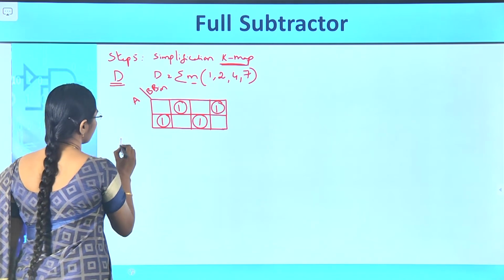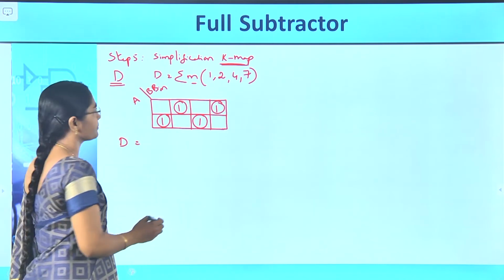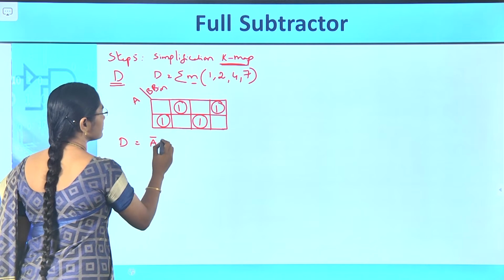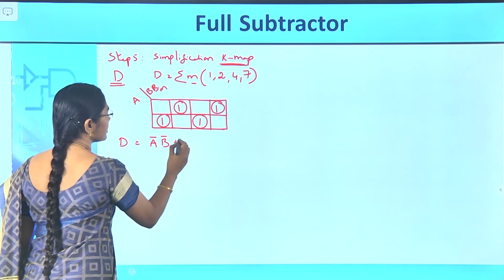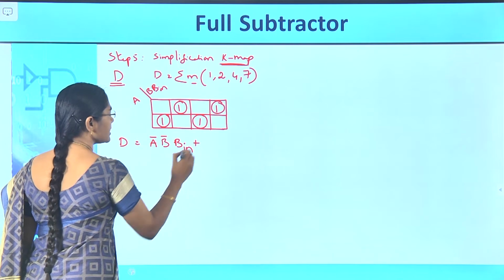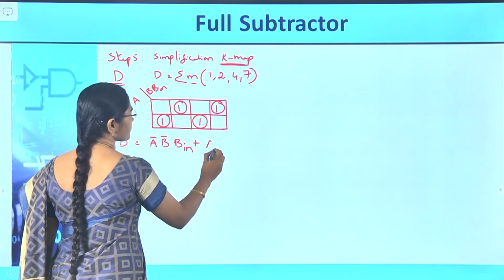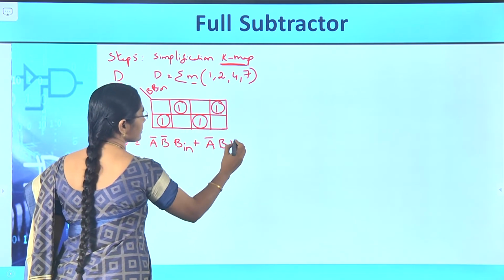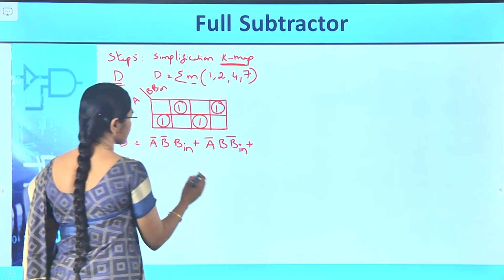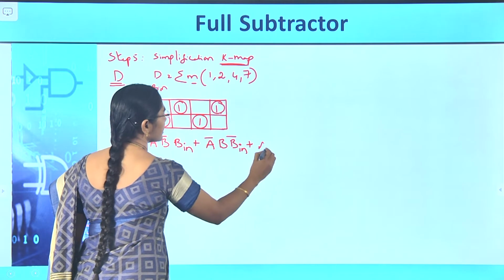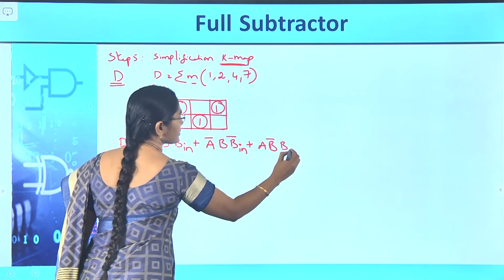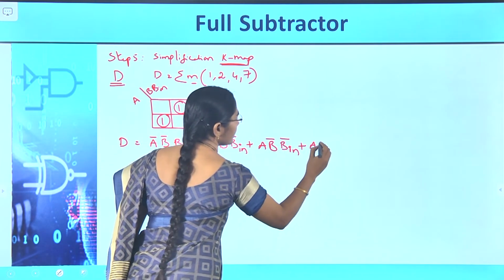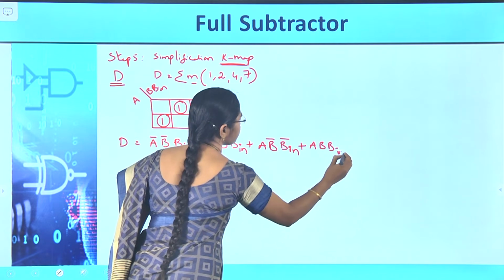Okay, all terms, that is difference equation is equal to the first min term, that is 1, that is A bar, B bar, Bin plus second min term A bar, B, Bin bar plus third min term, that is A, B bar, Bin bar plus fourth min term, that is A, B, Bin.